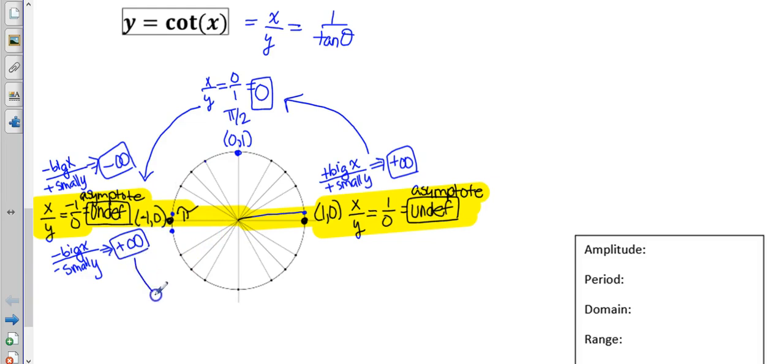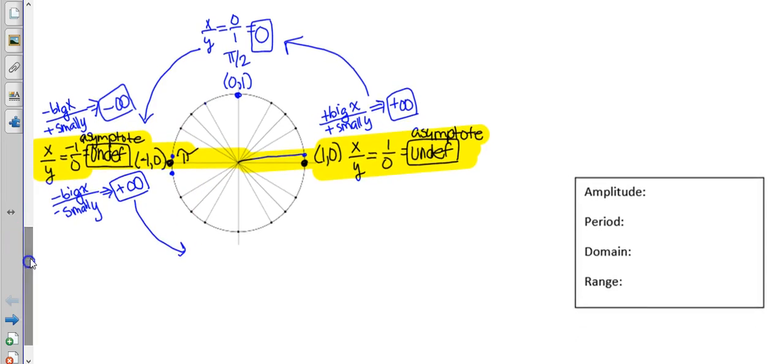We continue our travels to our next key value, which is here. Our ordered pair there is 0, -1. Happens at 3 pi over 2. Let's do it. Go ahead and find the cotangent at that ordered pair.